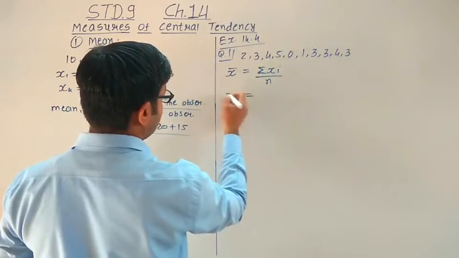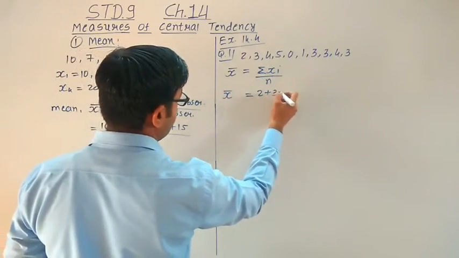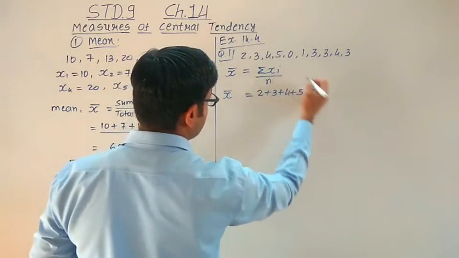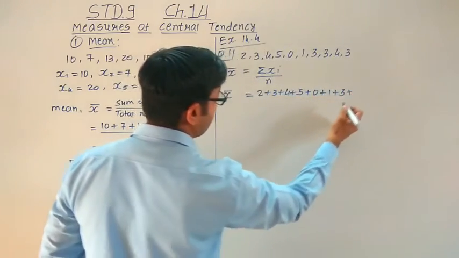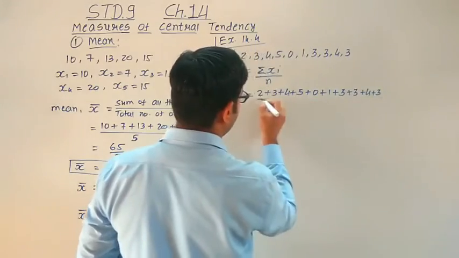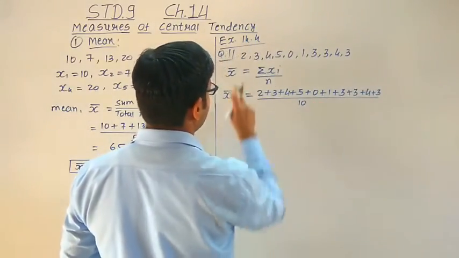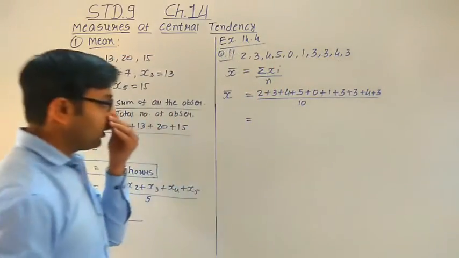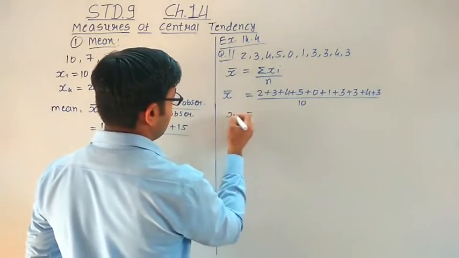Now sigma xi means the addition of all these numbers: 2 plus 3 plus 4 plus 5 plus 0 plus 1 plus 3 plus 3 plus 4 plus 3, upon total observations, which are 10: 1, 2, 3, 4, 5, 6, 7, 8, 9, 10. Now add all these numbers and divide by 10 and we will get our answer, that is the mean x bar.